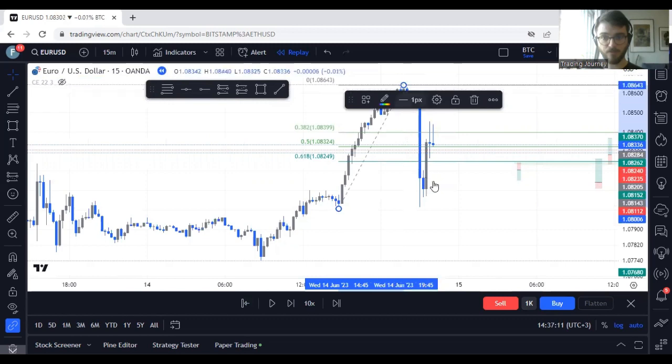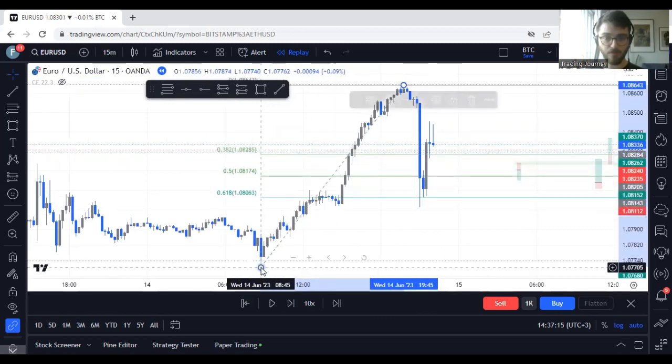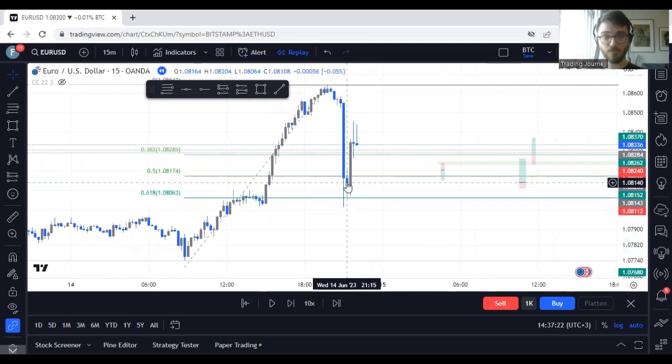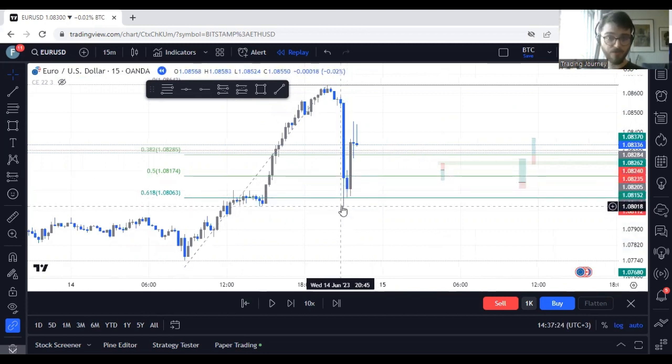Okay, this has retraced way beyond. So I think this is the retracement of this level, yes. And as we can see, there was a sharp price move down on the 0.61, and then it kind of hesitated a bit before bouncing back up.